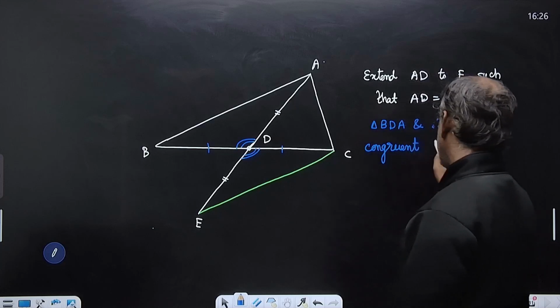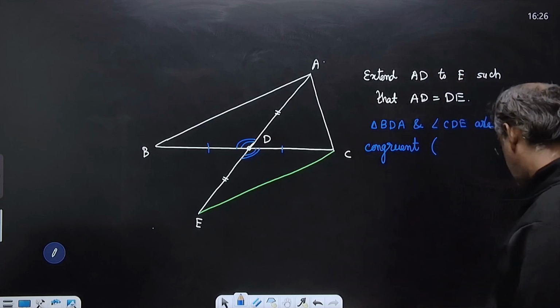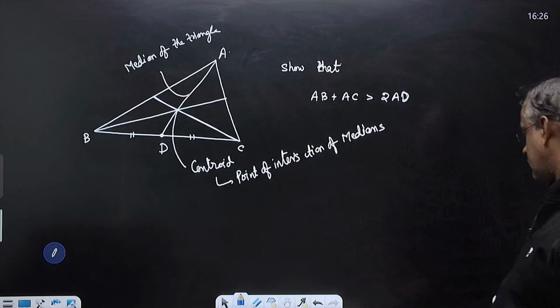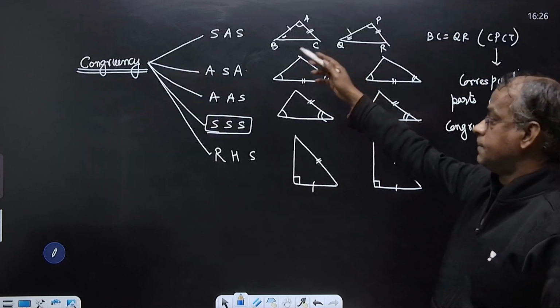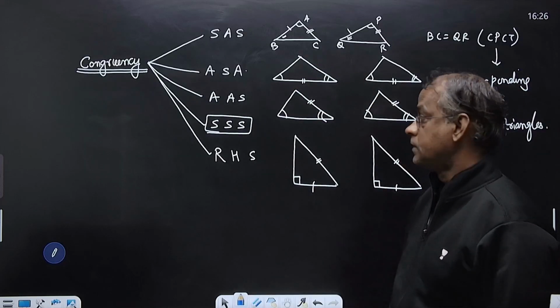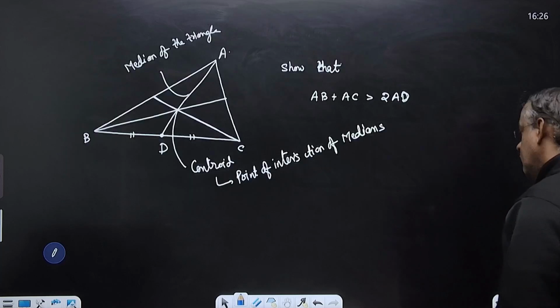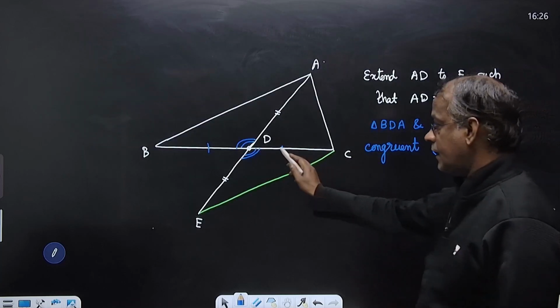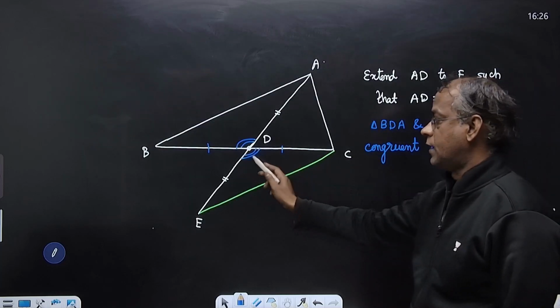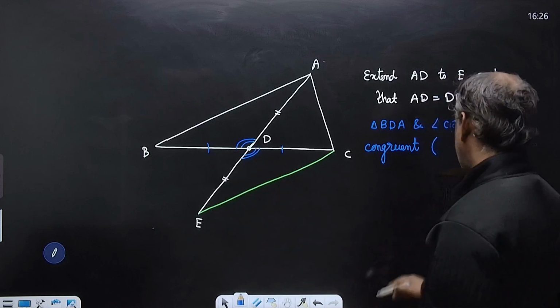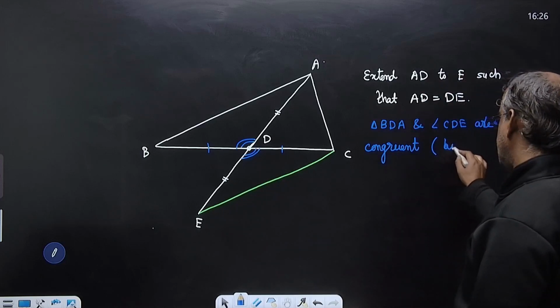by which of the following things? You can see side, angle, side. Okay, side, side, included angle, and then side, by SAS.